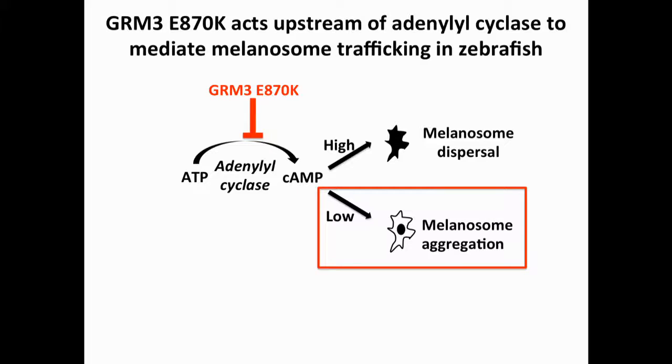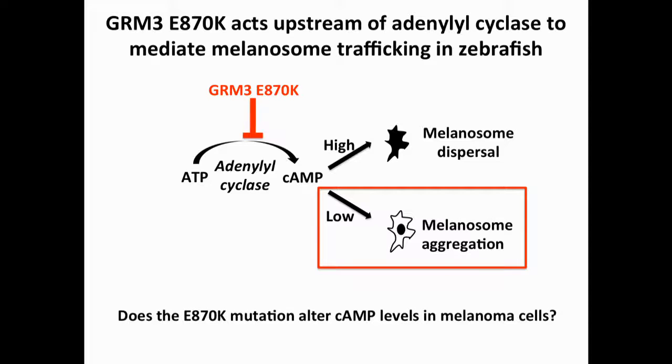So our results so far show that the E870K mutation is upstream of adenylyl cyclase, being able to inhibit it, decreasing cyclic AMP levels, which leads to melanosome aggregation. Our next question is whether this mutation is also able to lead to a reduction of cyclic AMP levels in melanoma cells.